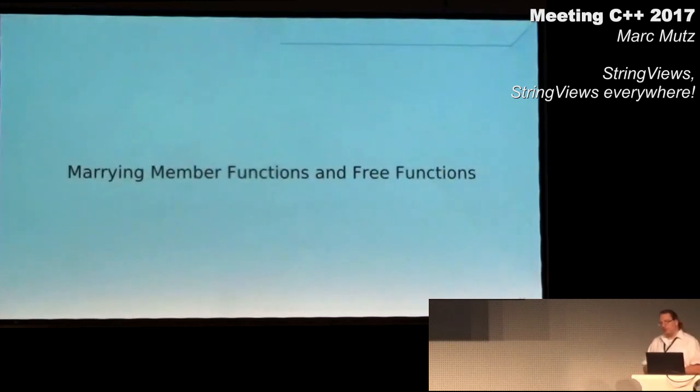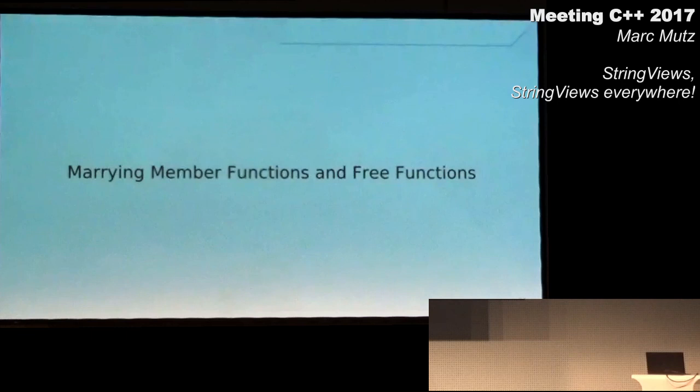So next I want to talk about marrying member functions and free functions. And Klaus Igelberger has told you in the last slot or on CPPCon that you should strongly prefer free functions. He has given a long list of arguments for this. But if you want to make a string view that is a drop-in replacement for the owning container, the owning container starts out with member functions.